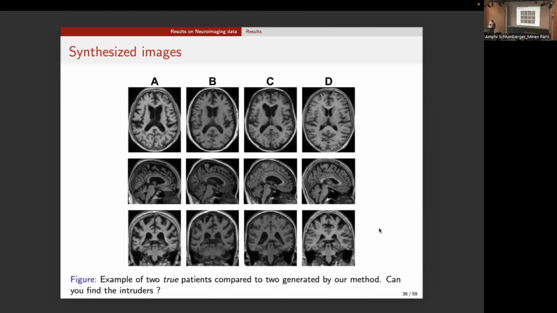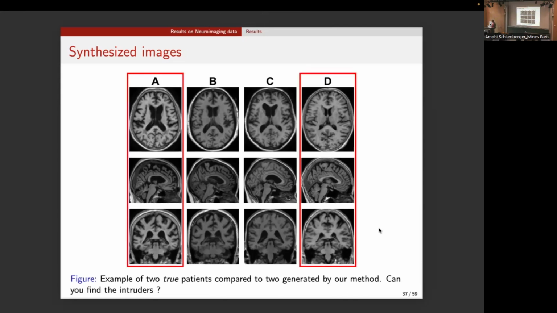In here, you have 2 true patients and 2 fake. I don't know if people are actually very familiar with brain MRIs, but when we put that in front of our medical doctors, they were always finding that this one is fake because this one is true, and they were wrong. These ones are the fake ones.